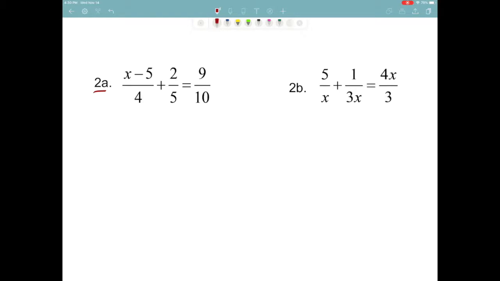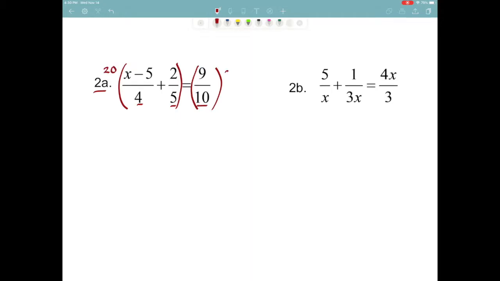In order to do that, we need to multiply by a number that is divisible by each of our denominators, 4, 5, and 10. You could call it the least common denominator, but you can multiply by anything that is divisible by these numbers. So a number that each of these goes into is 20.